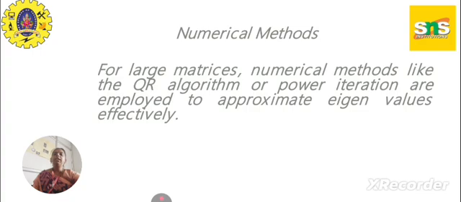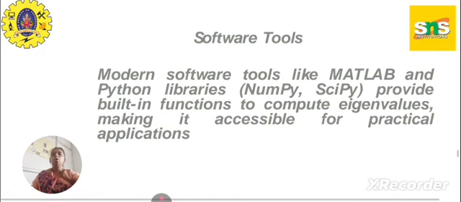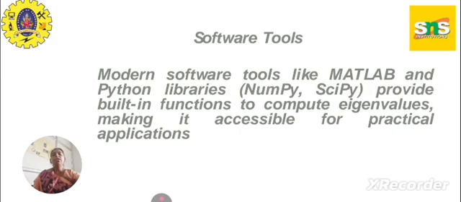In numerical methods, for large matrices, numerical methods like the QR algorithm or power iteration are employed to approximate the eigenvalues effectively. Another application is modern software tools like MATLAB and Python libraries, which provide built-in functions to compute eigenvalues, making them accessible for practical applications.